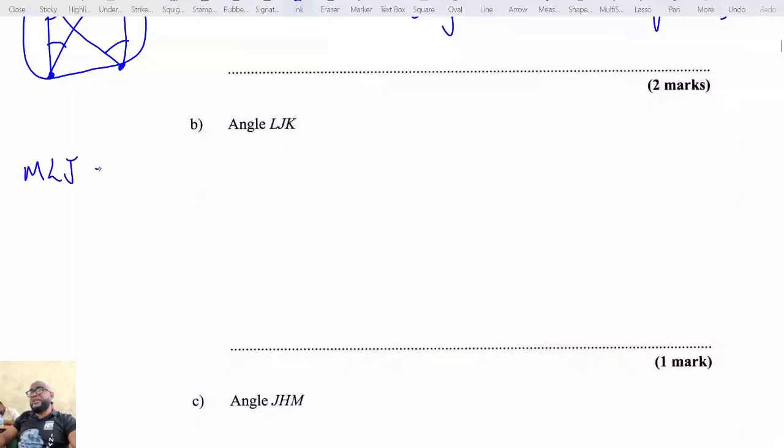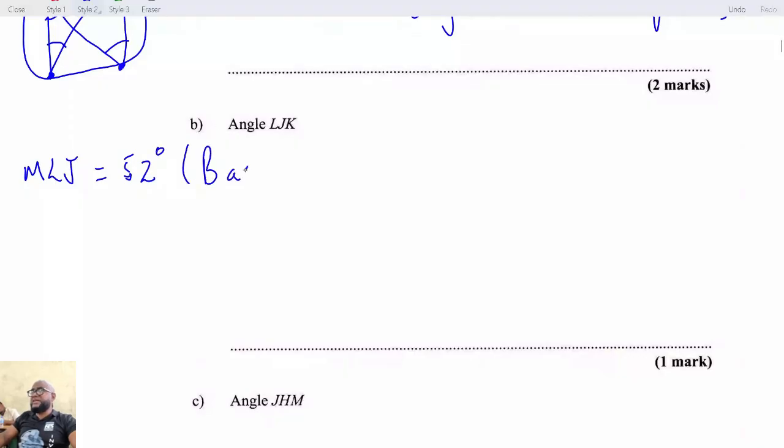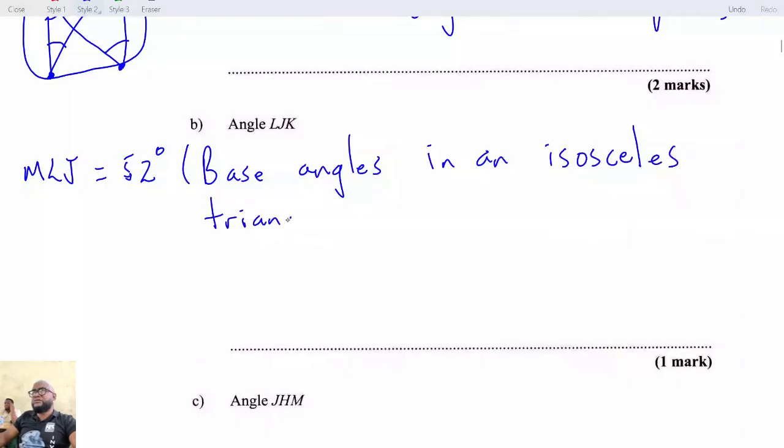MLJ is equal to 52 degrees, and the reason for that, you all can write it: base angles in an isosceles triangle are equal.